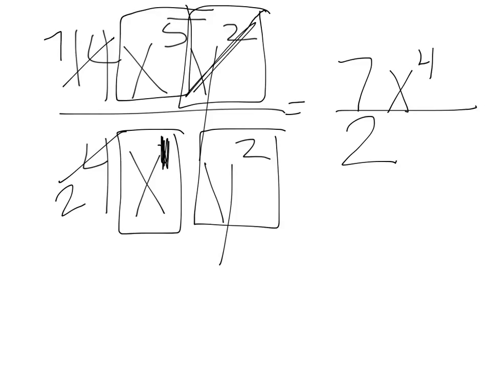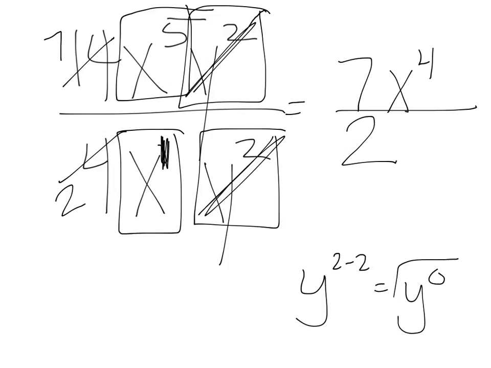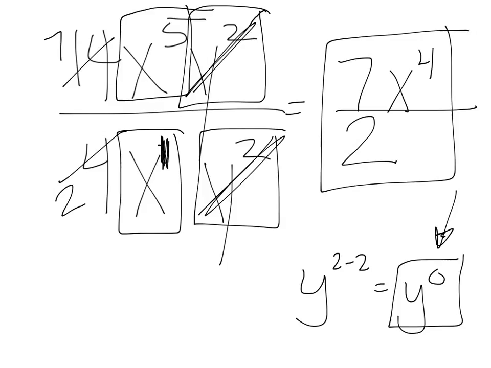Well, aren't those exactly the same? Aren't they going to cancel each other out? The subtraction you would do is 2 minus 2, which is 0, and we're going to find out in the next section that anything to the 0 power is 1. And so your final answer here is simply 7x to the 4th over 2.